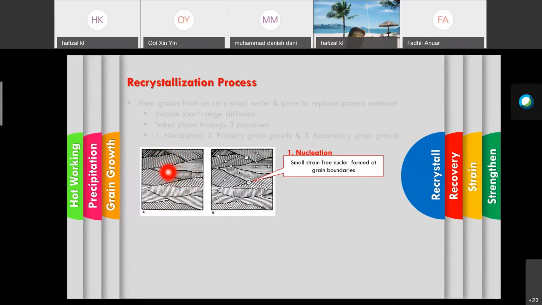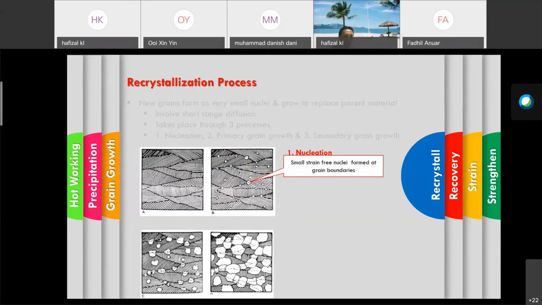During the process of recovery, once recrystallization takes place, we can see small nucleation taking place here. Small grain boundaries, and then bigger and bigger nuclei form.